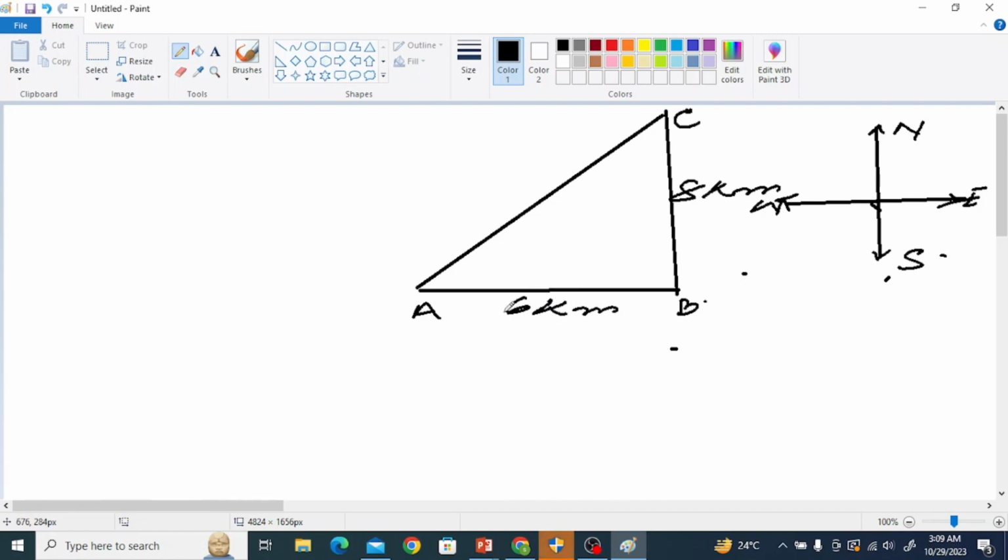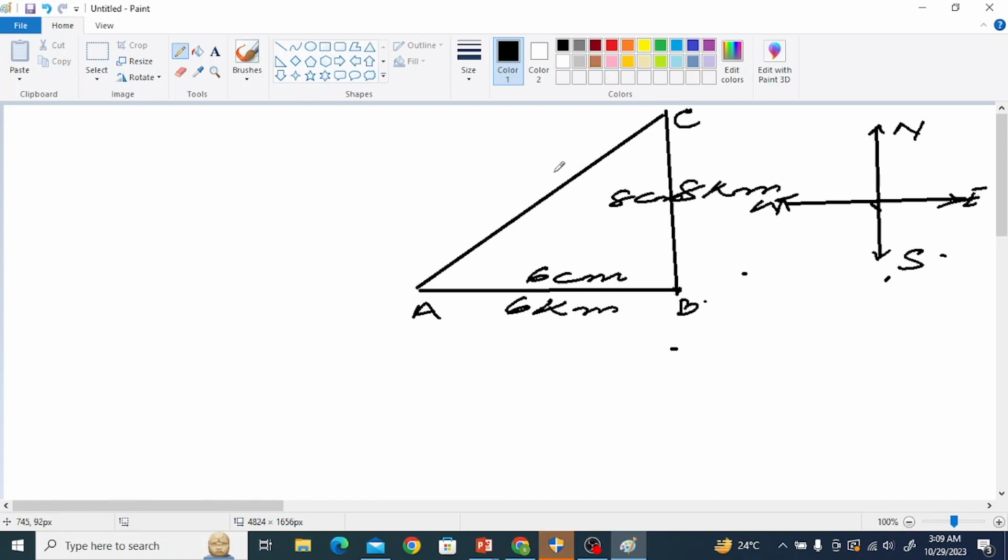Then from this point the cyclist further continued his journey 8 kilometer towards north, in the upward direction. So an 8 centimeter line represents 8 kilometer distance, whereas a 6 centimeter line represents a distance of 6 kilometer.